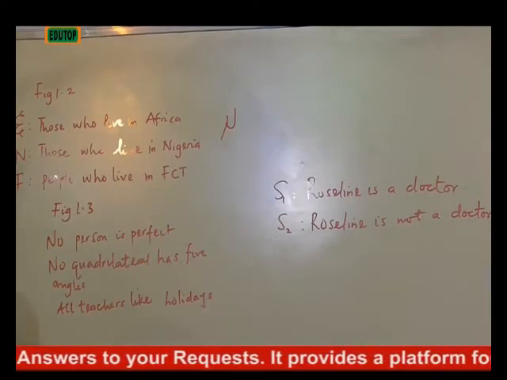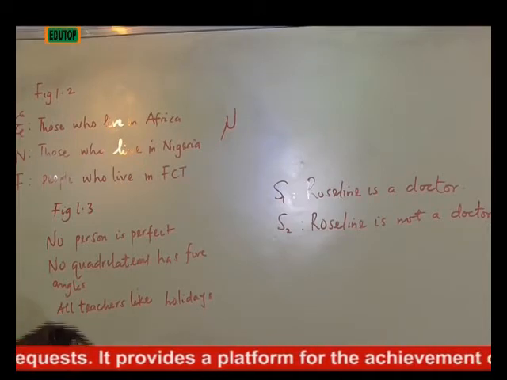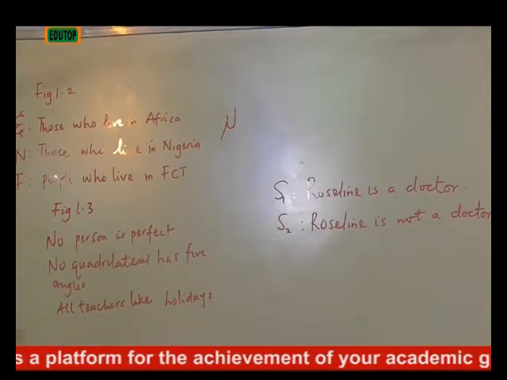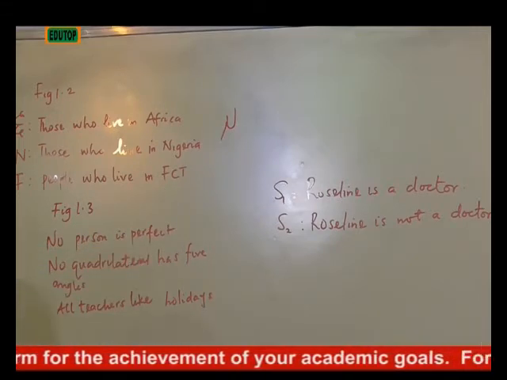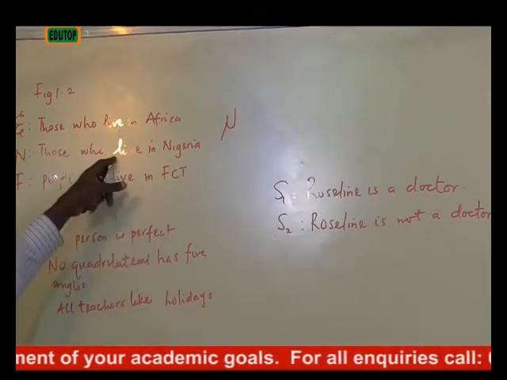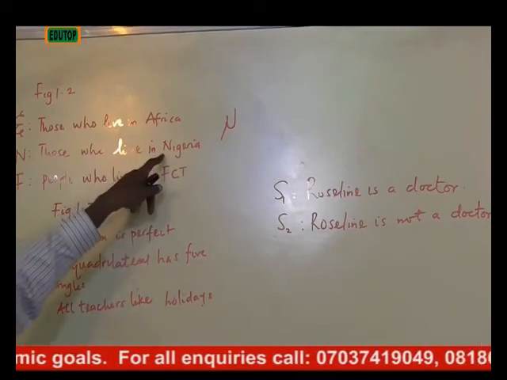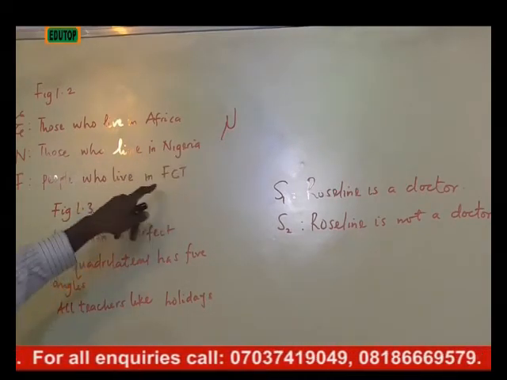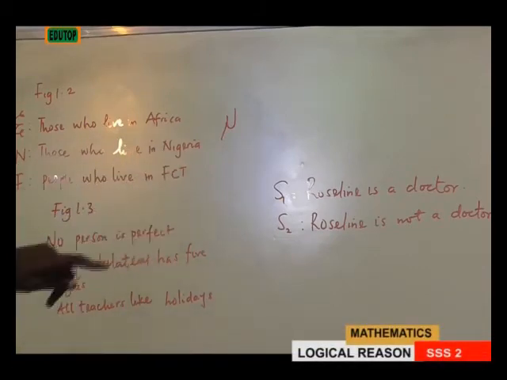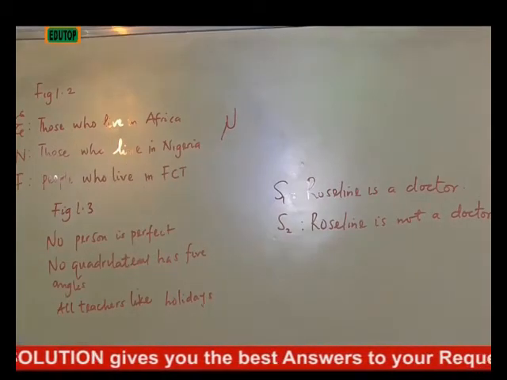If you look at these three statements, we will discover that the smallest is F, those who live in FCT, which is smaller than those who live in Nigeria, because those who live in Nigeria serve as an umbrella for this, while those who live in Africa serve as an umbrella for those who live in Nigeria.